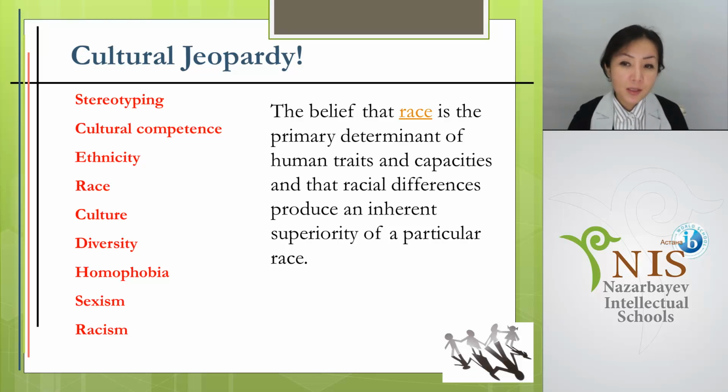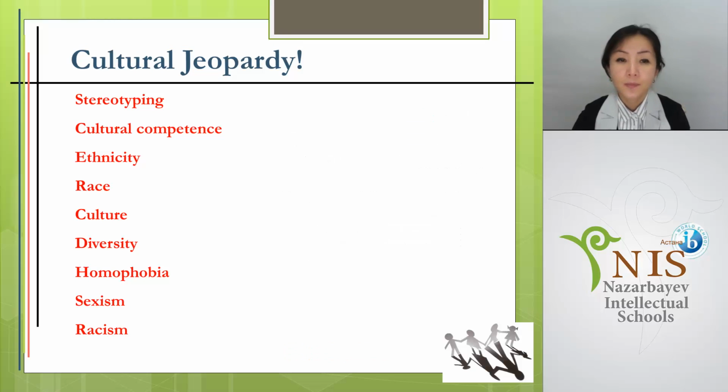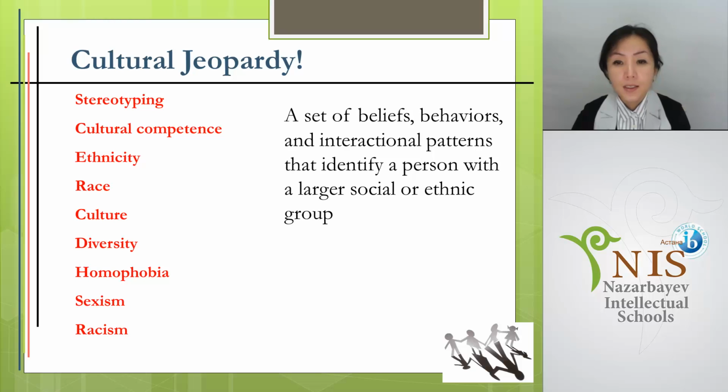The belief that race is the primary determinant of human traits and capacities, and that racial differences produce an inherent superiority of a particular race. This is racism. A set of beliefs, behaviors, and interaction patterns that identify a person with a larger social or ethnic group.